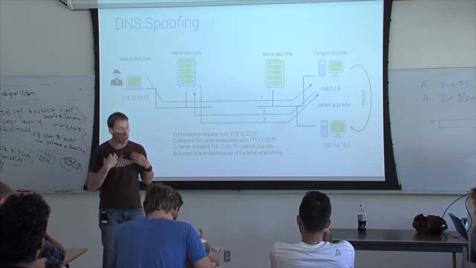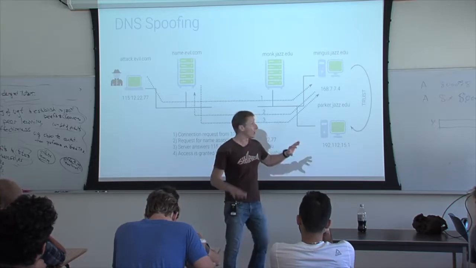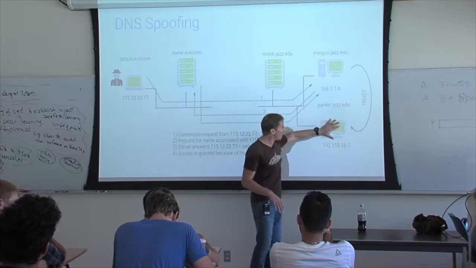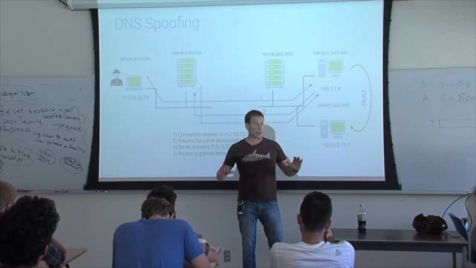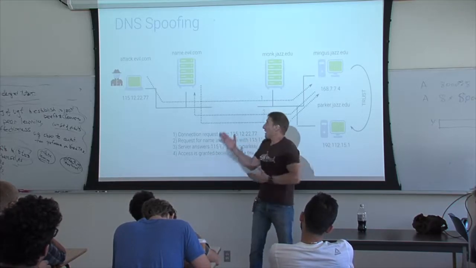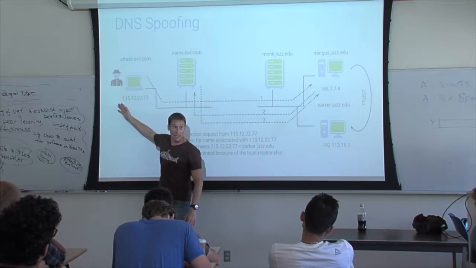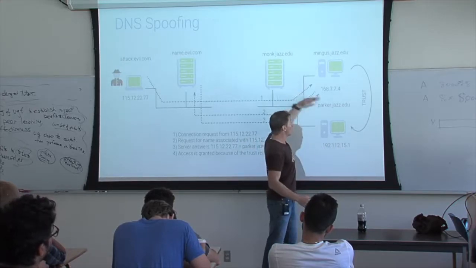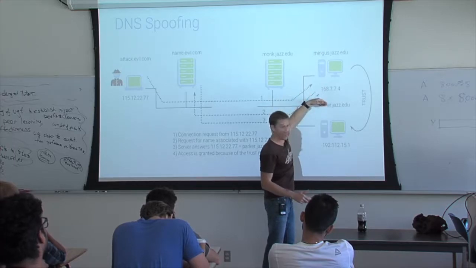Suppose the bad guy is trying to be parker.js.edu with respect to this guy. If this is a UDP-based service, I don't have to go through this. I'm just going to send a spoofed UDP packet whose source IP address is this. It will get here, it will do all the DNS resolution, and it will tell you, yeah, it's parker.js.edu.